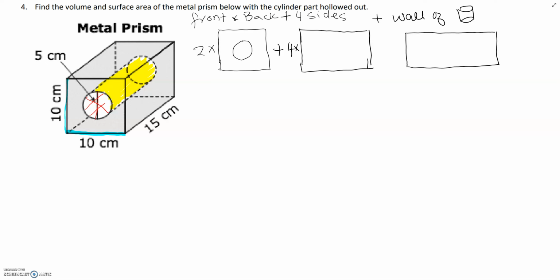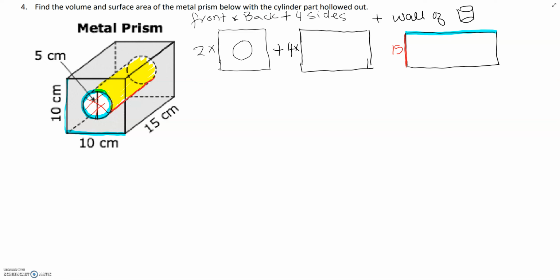Now the height of that rectangle is this part right here, and that is 15. But the length of the rectangle comes from the whole circumference of the circle, because you are taking that round part and straightening it out to make a rectangle.